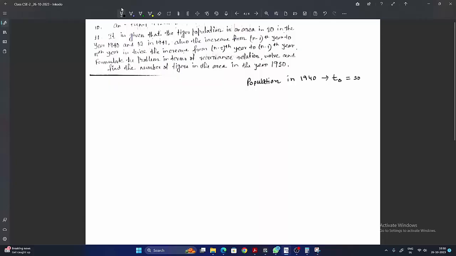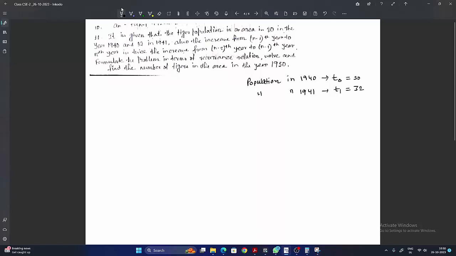And in 1941, the tiger population is, suppose, 2 more, that means the next year T1 is 32. And by studying over the years, suppose over the last 10 or 12 years, they come to some relation for the increment of the tiger population.